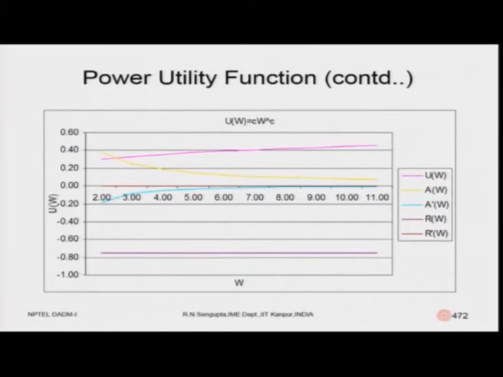And using these values of u, u prime, u double prime, we calculate further a prime, r prime, and we plot them. Similarly, we follow the same nomenclature of color. The pink, yellow, bluish green, violet and brown are the respective graphs for u, a, a prime, r and r prime. So, this is the u function.